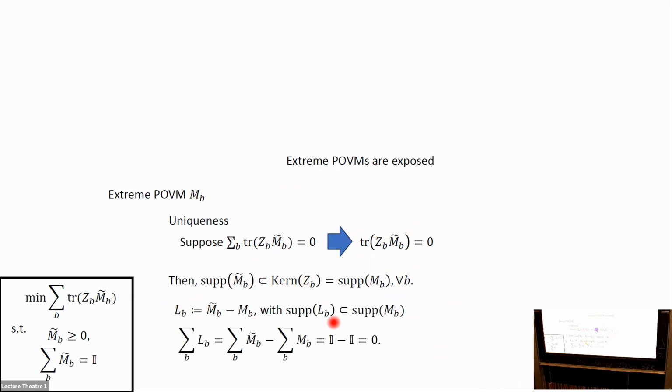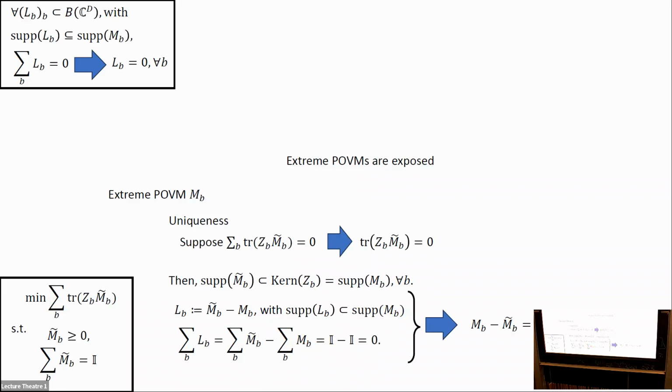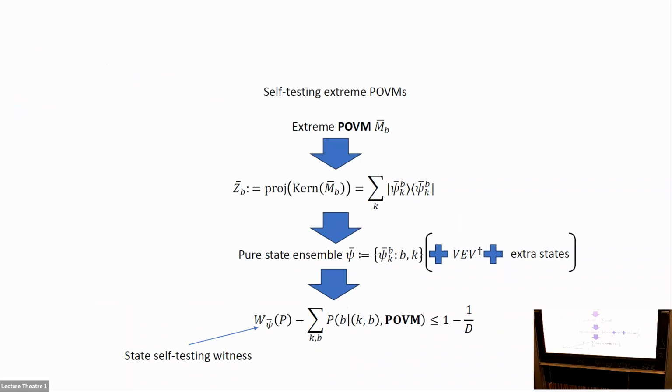By definition, the support of this matrix will contain the support of M_b. Now if I add up all the b's, because all these things are normalized, I get 0. Then I invoke the extremality of the POVM. If this happens, it means that L_b is equal to 0, therefore M_b is equal to M_b tilde.